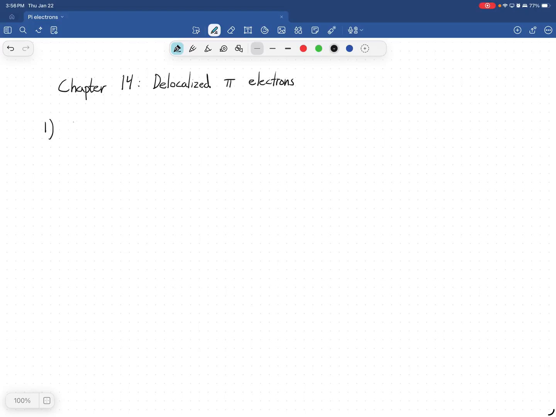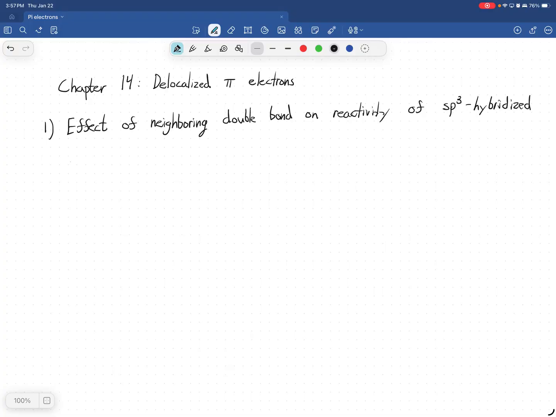Let's talk about the effect of a neighboring double bond on the reactivity of an sp3 hybridized carbon. So this will be the allylic carbon atom.